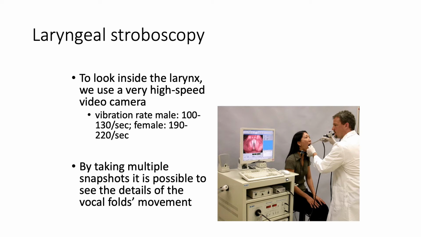So if we want to capture the vocal folds at each point of their movement, we need a camera that is going to make very, very quick photos. By taking multiple snapshots like this, it is possible to see the details of the movement of the vocal folds.